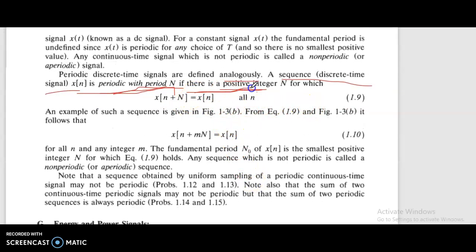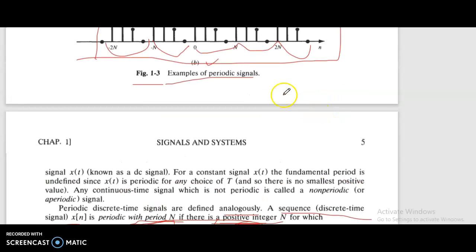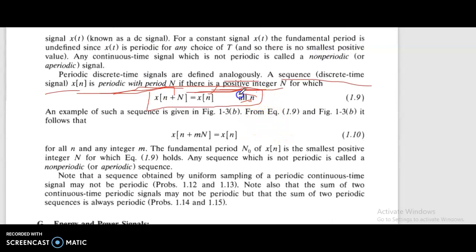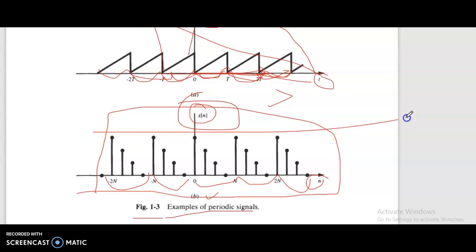If there is a positive integer N for which x of n plus capital N equals x of n for all n. For all n means this, the total x of n.